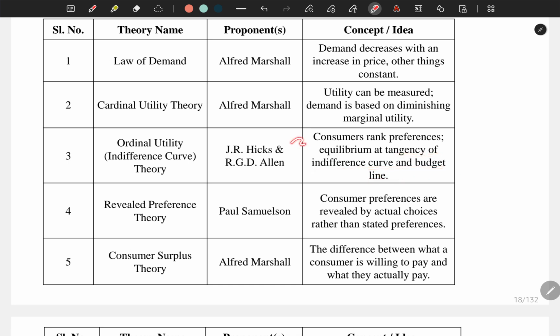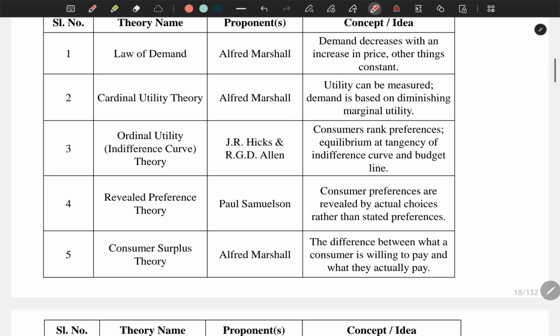This ordinal utility concept was given by J.R. Hicks and R.G.D. Allen. The revealed preference theory was given by Paul Samuelson; preferences are revealed by actual choices rather than stated preferences.